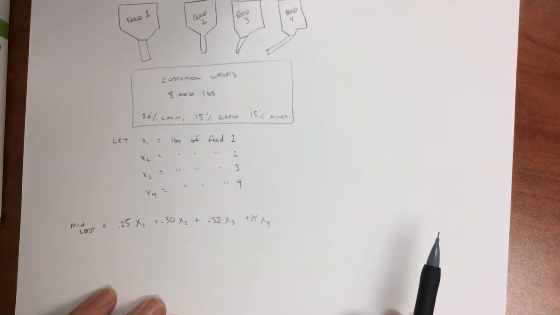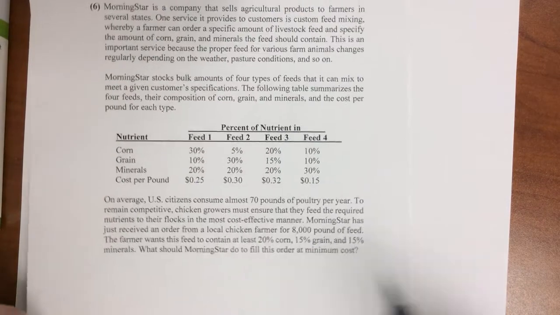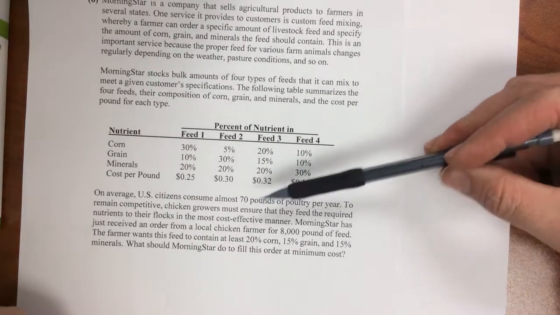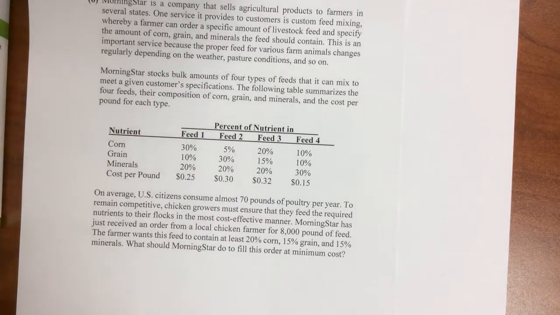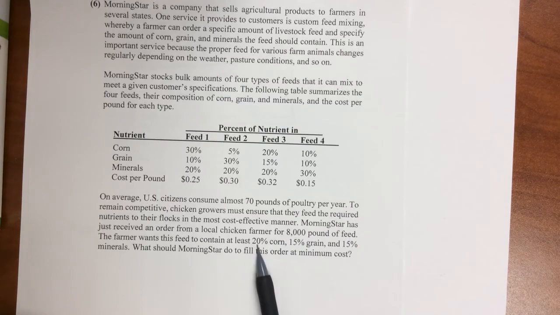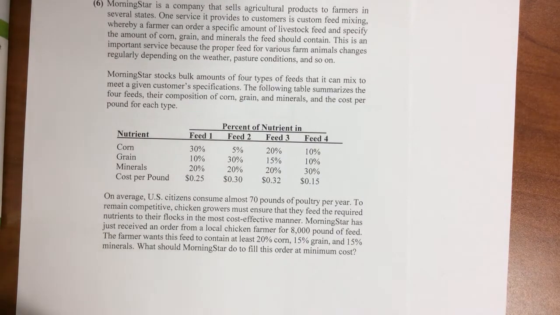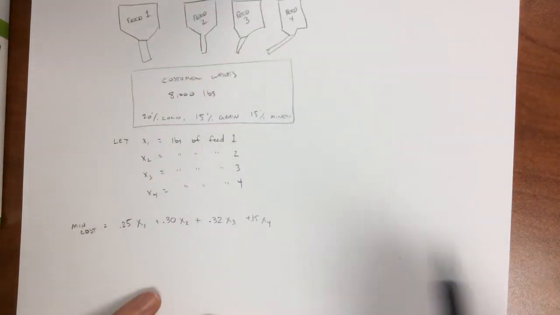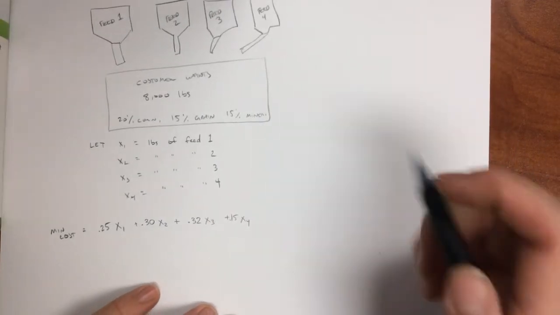Now let's think of our constraints. Okay, so there's really 2 issues of constraints here. The 70 pounds of poultry per year per person is quite interesting, but doesn't play into this problem at all. What does play is this 8,000 pounds and the requirements within. So let's think of the 8,000 pounds because that's the easiest one to think about first.